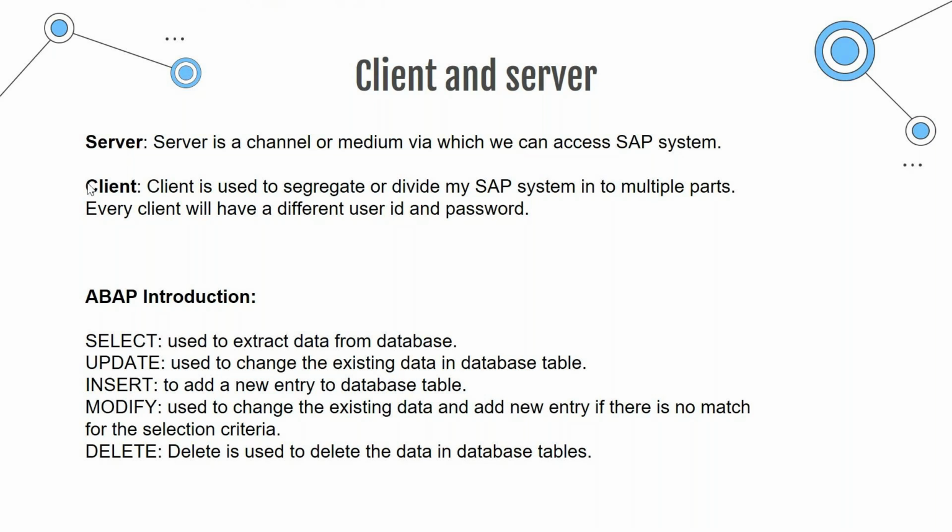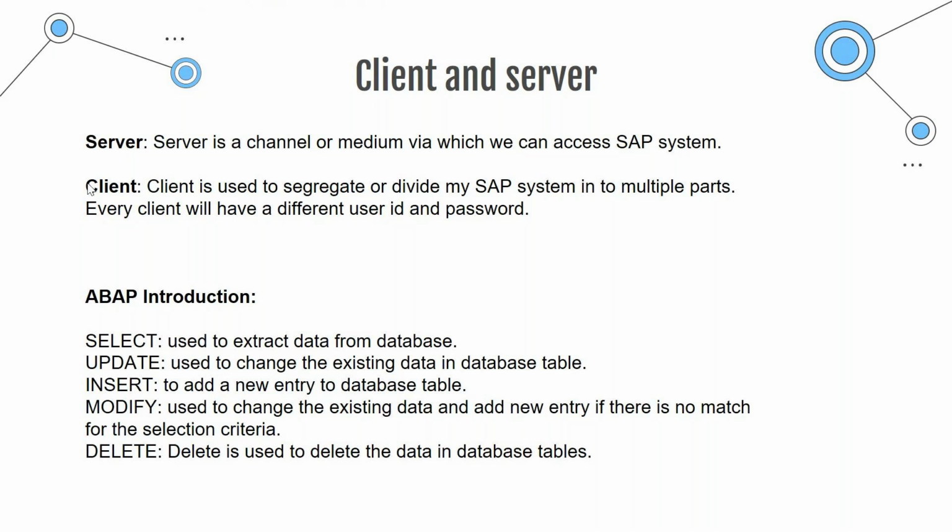But instead, if I divide my one single SAP system with different clients, the people who are sitting in US will have a different client. The people sitting in UK will have a separate client. So the users from US cannot access the data of UK.